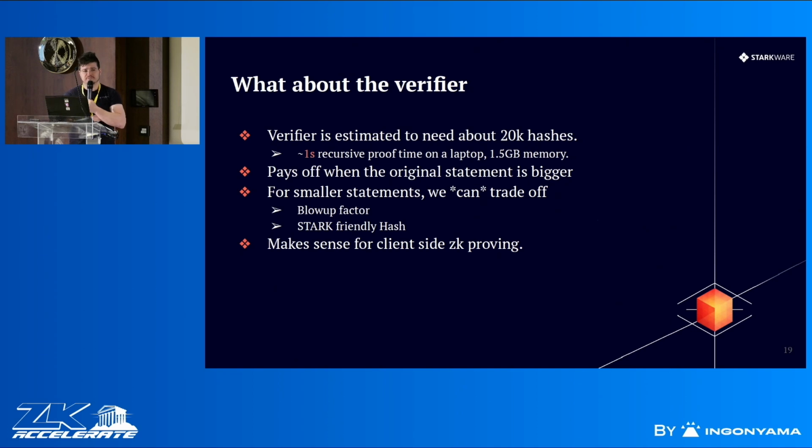And do note that if your use case is different, you don't have these big leaves, you can take trade-offs like getting a higher blow-up factor, using a Stark-friendly hash. But I think these kinds of things make sense for a lot of applications.